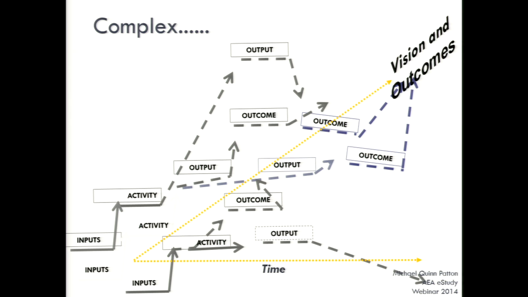We may find some activities are going off track, but there's a way to bring them back on track. Remember, we're probing and looking backwards, so we may be able to bring them back, okay? But it's not a linear path. So what kind of evaluation do we do? We do something called developmental evaluation.